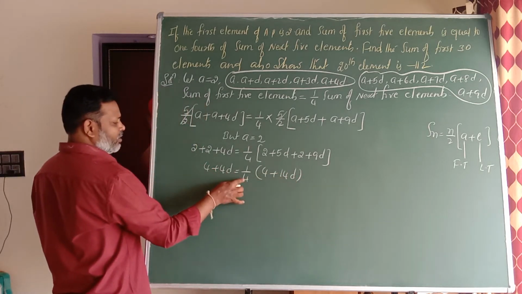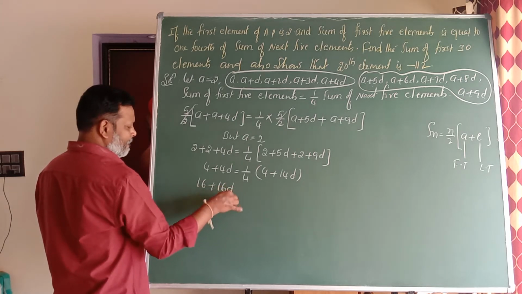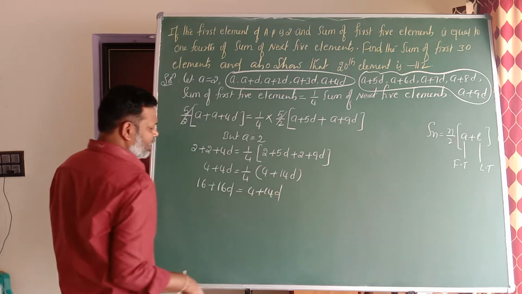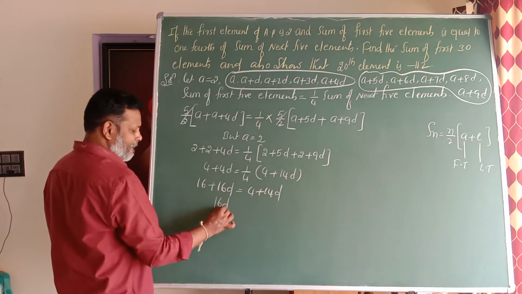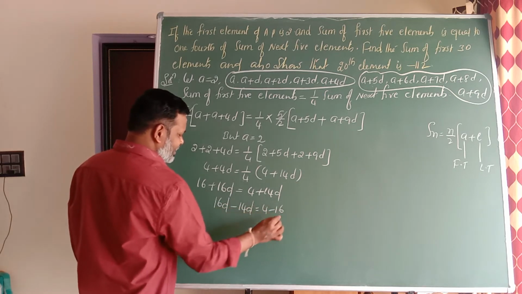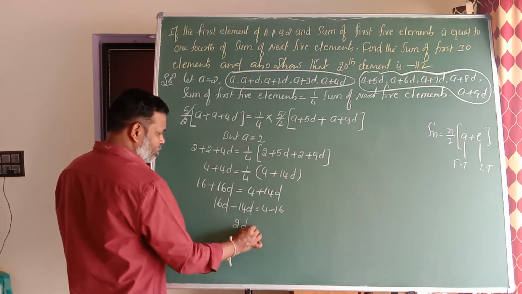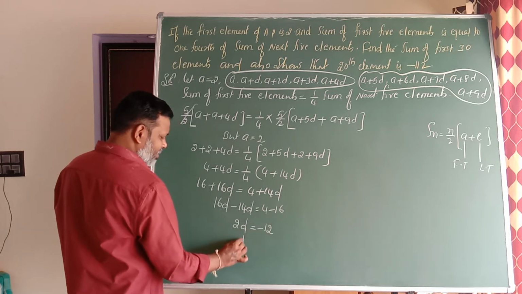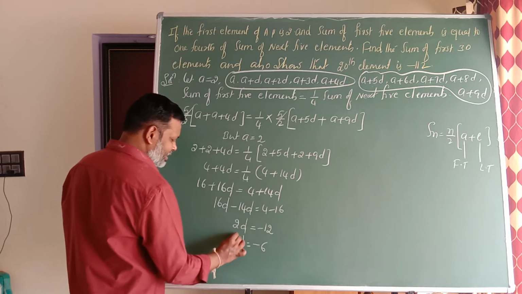Just cross multiply. 4 fours are 16. 16 plus 16D is equal to 4 plus 14D. We want the common difference. Take this 14D to this side. 16D minus 14D is equal to 4 minus 16. 16D minus 14D is 2D. So 2D is equal to 4 minus 16 is minus 12. Then D becomes minus 12 by 2, that is equal to minus 6.